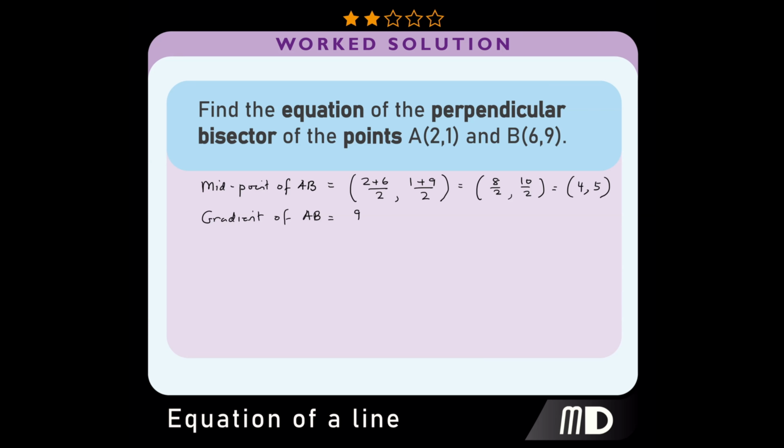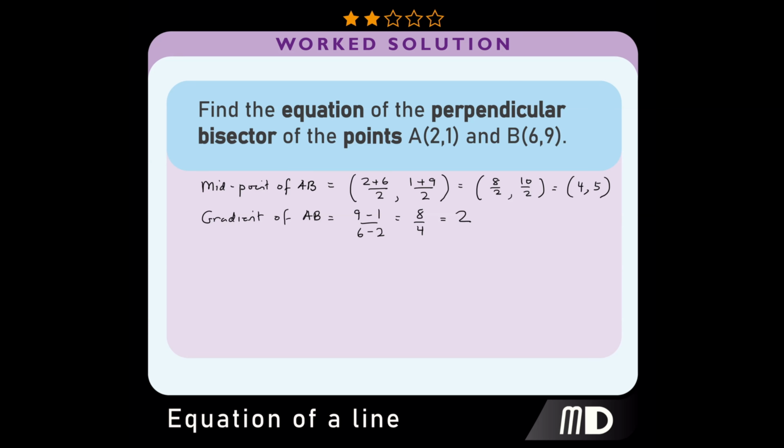Gradient of AB is equal to 9 minus 1 divided by 6 minus 2, which is equal to 8 divided by 4. That gives us a gradient of 2. So the line AB has the gradient 2.